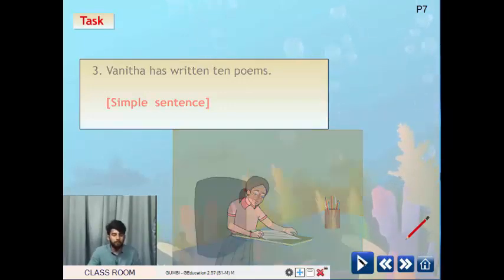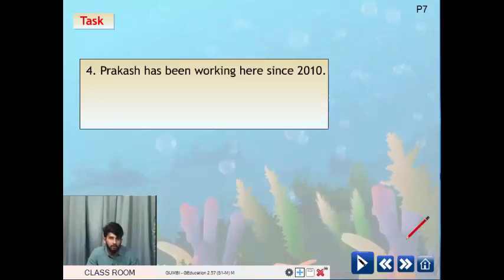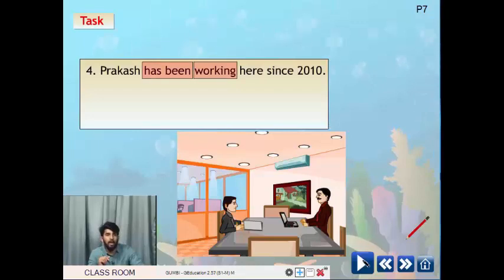Okay. Let's have a look at the next example. Prakash has been working here since 2010. So how many verbs do we find in the sentence? Yes, there is only one, has been working.